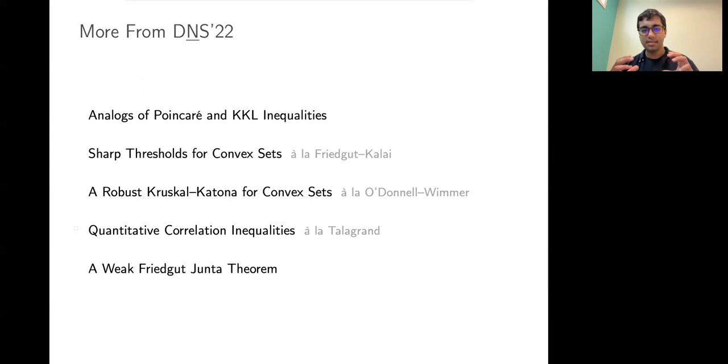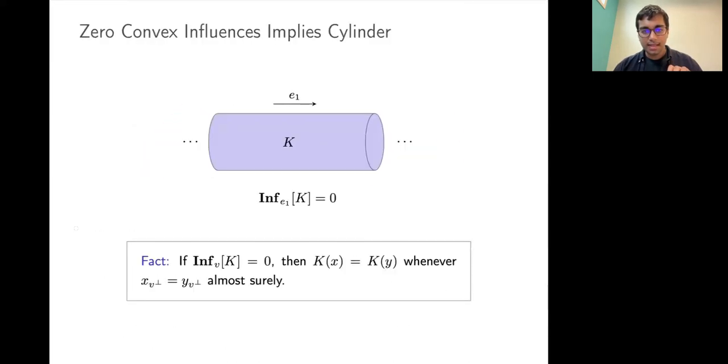So if you have a convex set and the influence of the first coordinate direction is at most epsilon, then are you epsilon close to a cylinder? I had this thing saying that if the influence is 0, then you are indeed a cylinder. But can you prove a stability version of this not so simple fact, which says that you're epsilon close to a cylinder? And by close, I mean in L1 distance or in total variation distance. And this is maybe the first step towards proving a junta theorem, but we don't know how to do this.